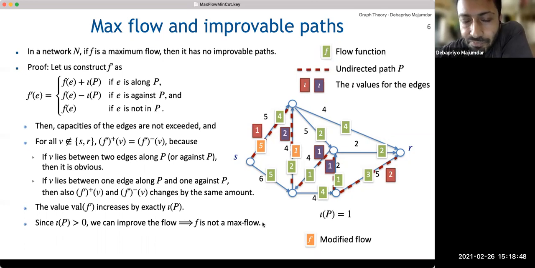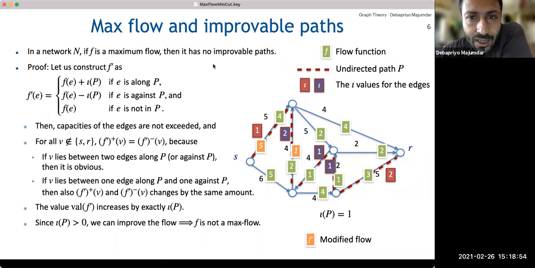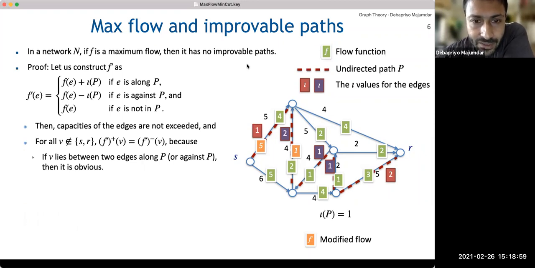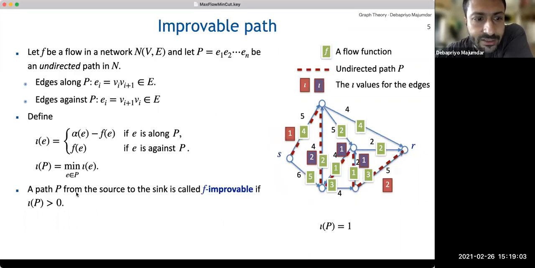So what we have proved is, if f is a max flow, then it cannot have any improvable path. By the way, by definition, an improvable path is always source to sink, right?